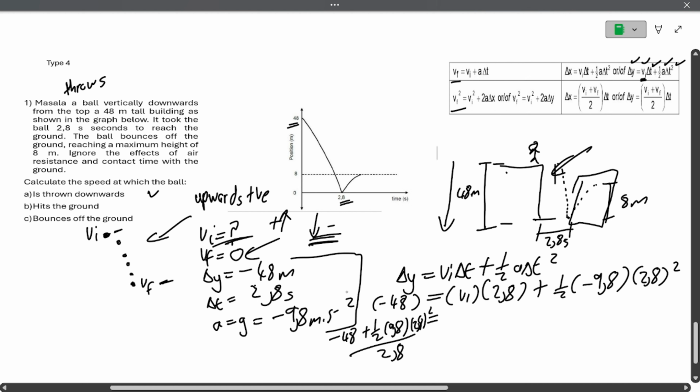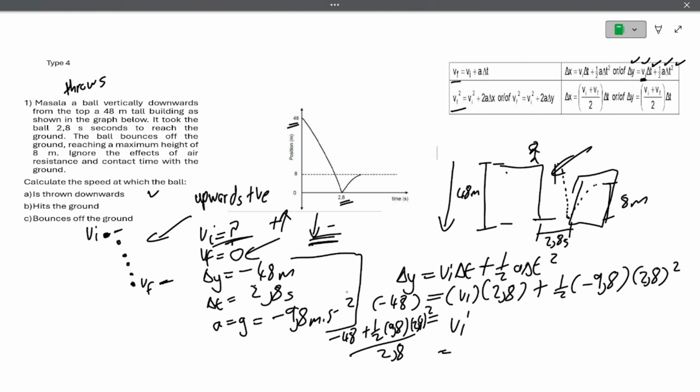And then the answer, let me press my calculator: negative 48 plus half times 9.8 times 2.8 squared, and also over 2.8.